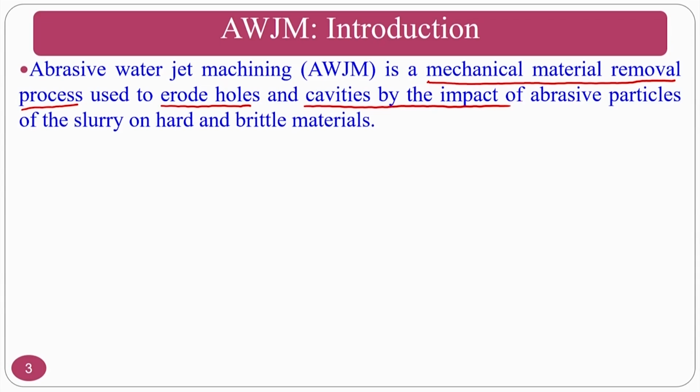As I said for abrasive jet machining also, these processes are very good for brittle materials rather than ductile materials, because in a ductile or soft material there is always a chance that abrasive particles embed and create some problem.